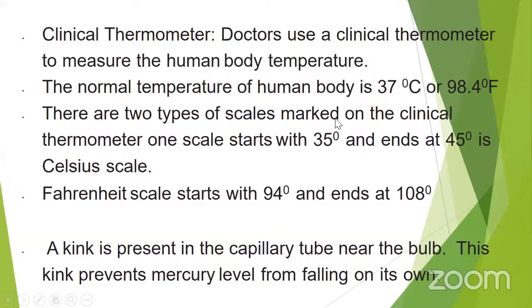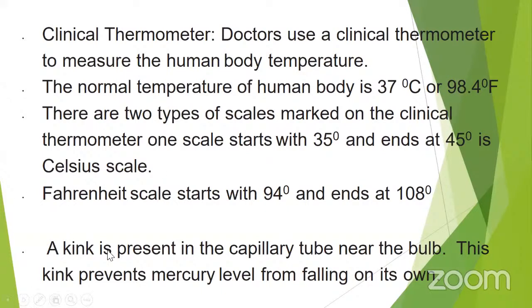Okay, in a clinical thermometer, the Fahrenheit scale is mentioned. Here it is 94 degrees to 100 degrees Fahrenheit. It is marked. The normal temperature of a human body, usually on the Celsius scale, is 37 degrees Celsius, whereas on the Fahrenheit scale, it is 98.4 degrees Fahrenheit.